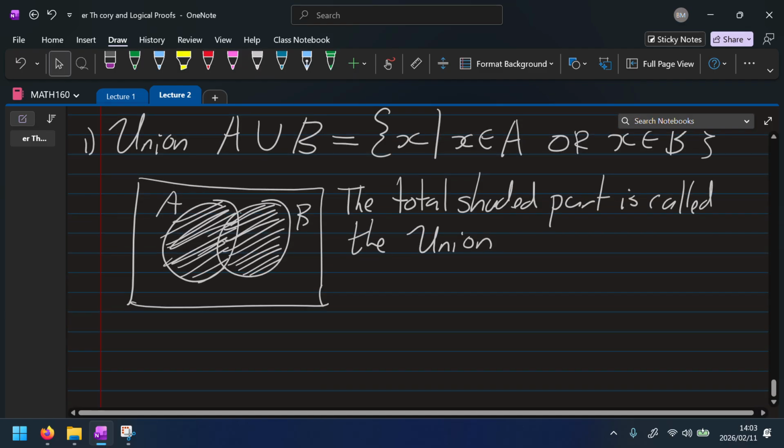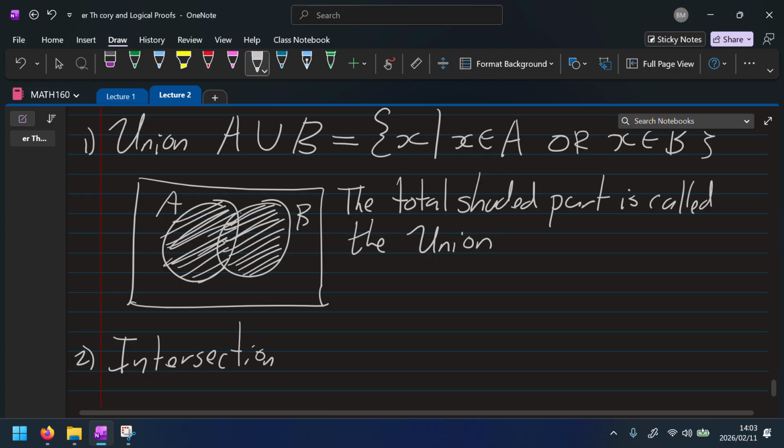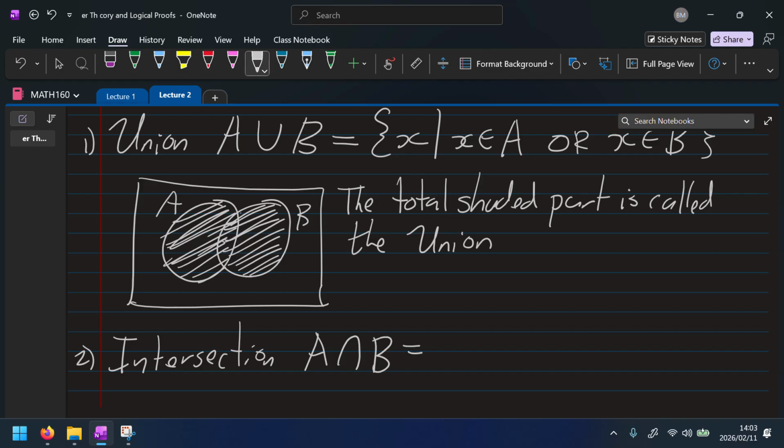Perfect. Number two, we have the intersection. It looks very similar to the union, but please notice the differences. Intersection is A, and then we draw that the other way now. Union is like a U, intersection is the other way around. Again, this is a new set formed from A and B using a rule.